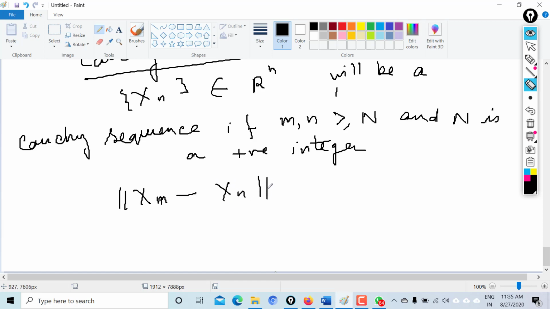That means the difference between x_m and x_n should be less than or equal to epsilon.